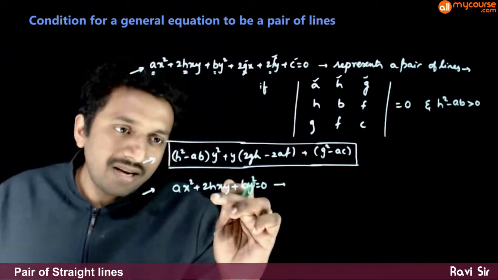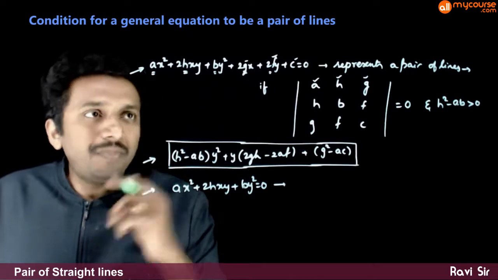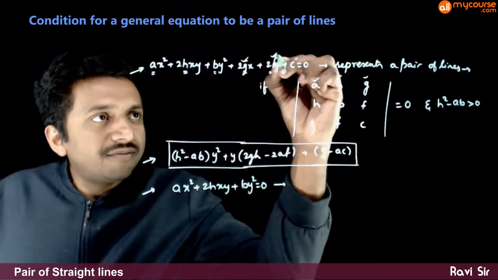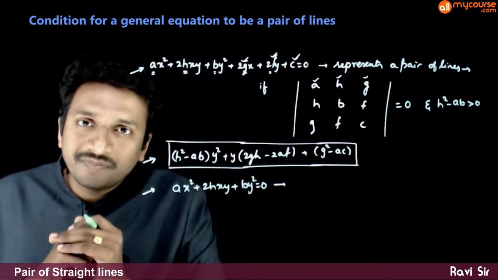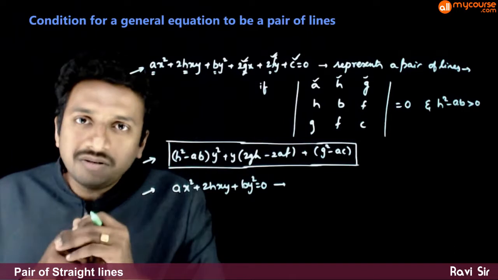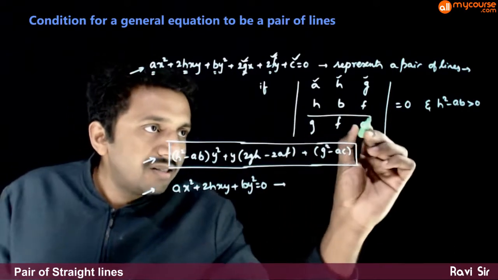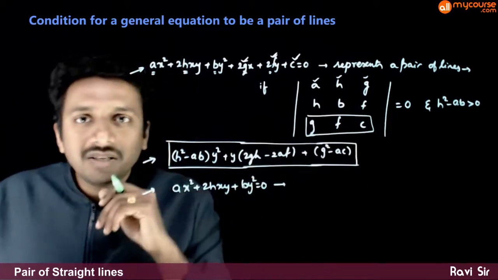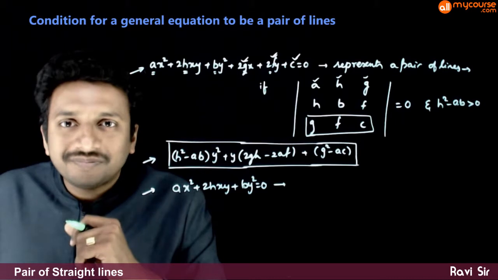If you compare this equation with the general equation, the difference is simply that g, f and c, all these three, are 0 for this equation. So if g, f, c is equal to 0, as you can see, this determinant's third row is completely becoming 0. So this determinant will automatically be equal to 0.